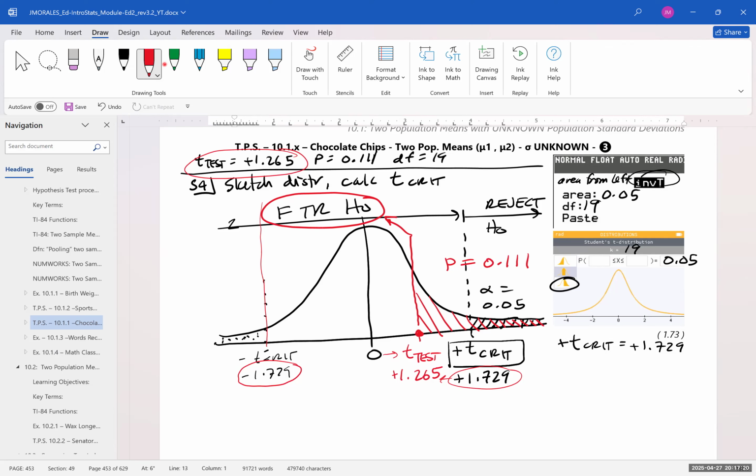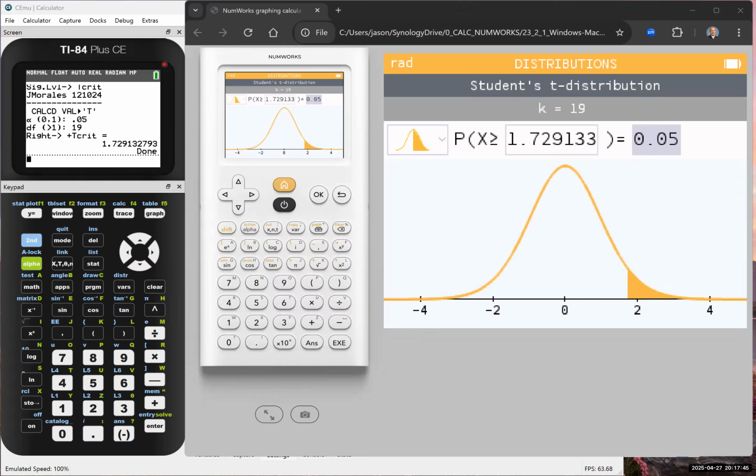It's not always true, but in this case, it would have given us the same answer. You know, this value being above this one would have put us in this fail to reject region. So this would have been okay, but you just have to be careful with this, okay? It worked out this time, but it may not work out all the time.